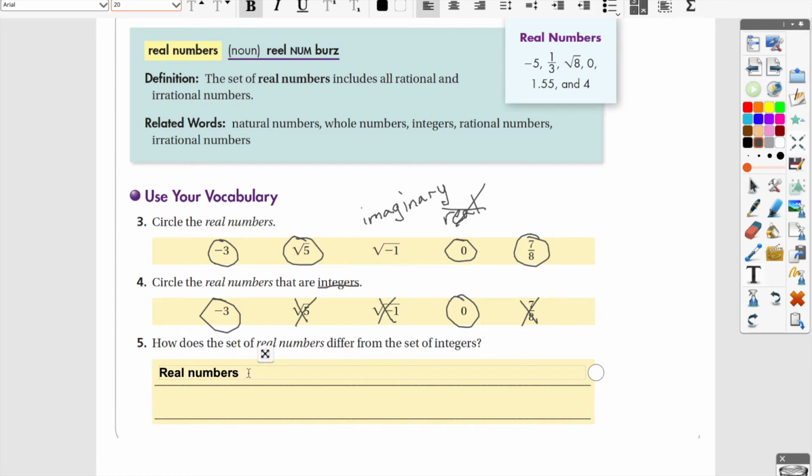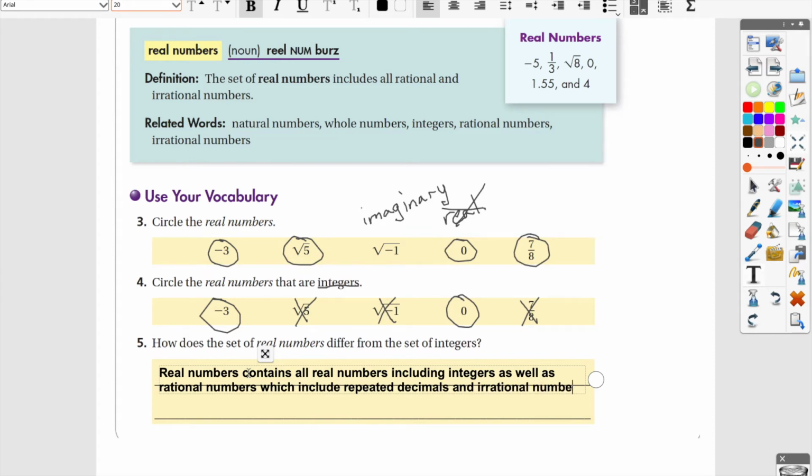How does the set of real numbers differ from the set of integers? Well, the set of real numbers contains all real numbers, including integers, as well as rational numbers, which include repeated decimals, and irrational numbers, which include non-repeating decimals.